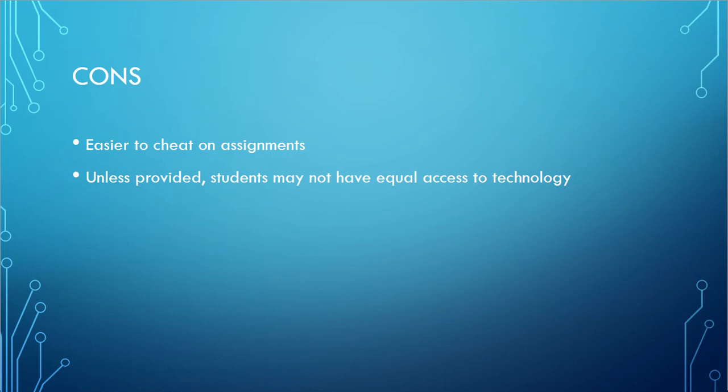Unless it's distributed to all the students, it wouldn't be equal. And there is a controversy going on that technology may replace teachers at some point. Although there's a lot of speculation behind it right now, you look at a lot of industries where technology is replacing humans, and it looks like it may happen here as well.